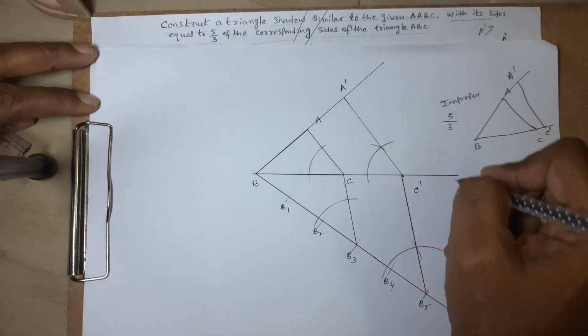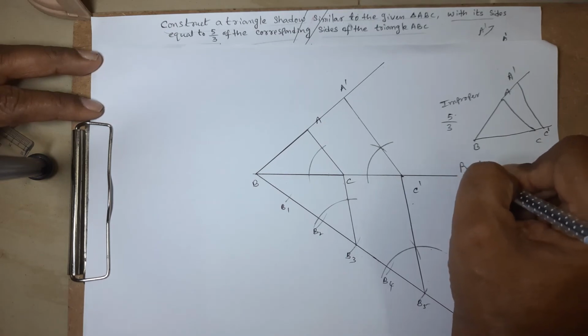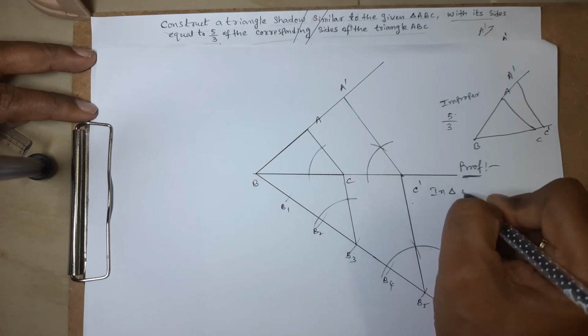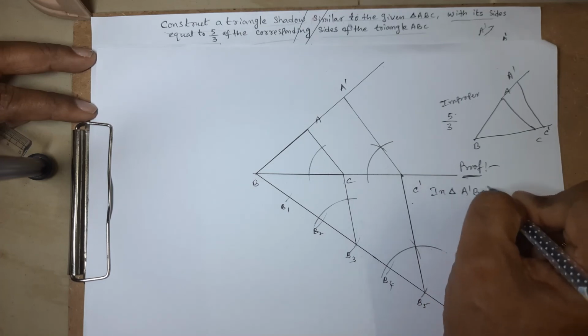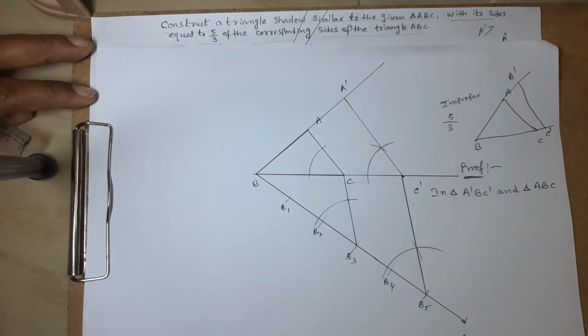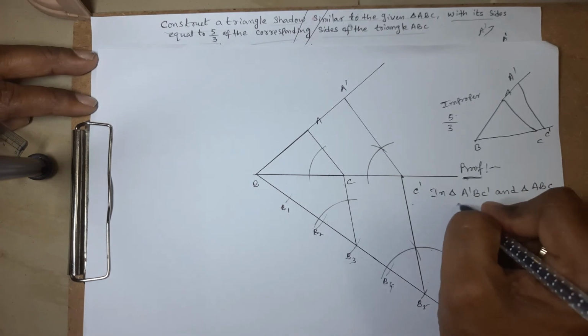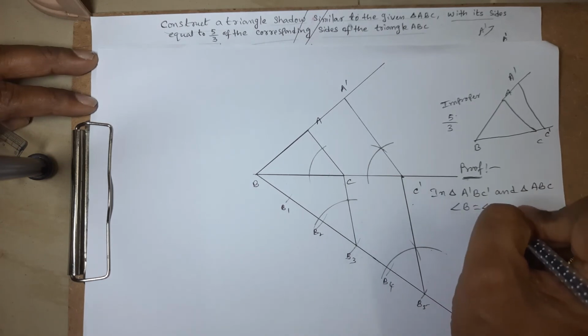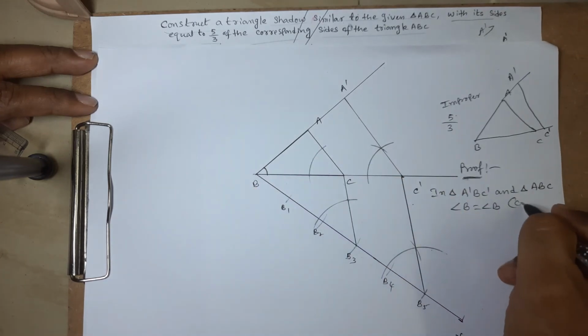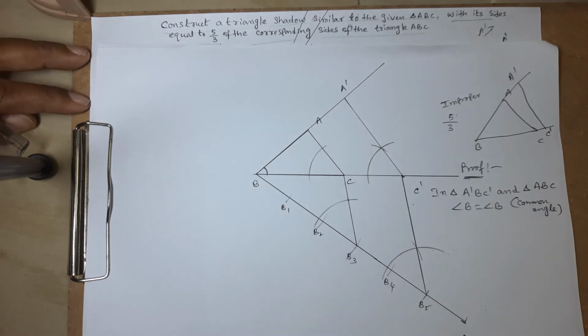Now coming to the proof, my dear students. Take the two triangles, triangle A'BC' and triangle ABC. Here the common angle is angle B. In both the triangles, this is the common angle. What next?